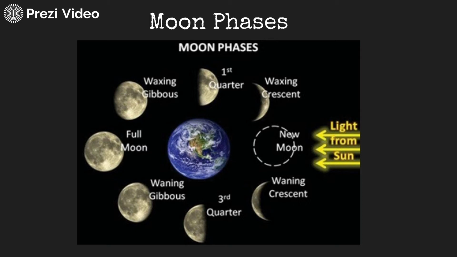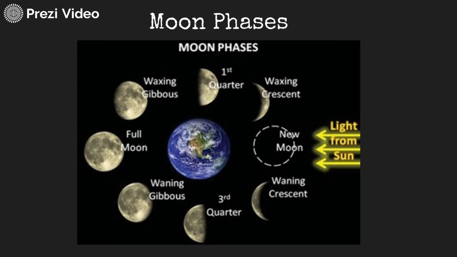When we get the first quarter, we get about half of the moon. It's still what's called waxing, and we're going to get to that in 1 second, what waxing and waning, the difference is. But it waxes to about half full, we call it the quarter moon. Then it goes to waxing gibbous, where it is closer to 3/4 full or more. So we're getting more and more of the moon being visible until we get a full moon.